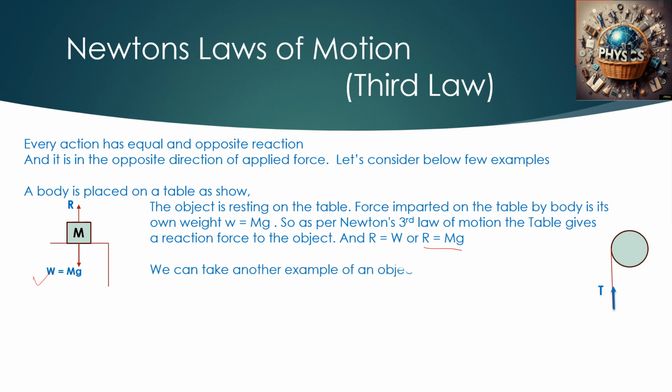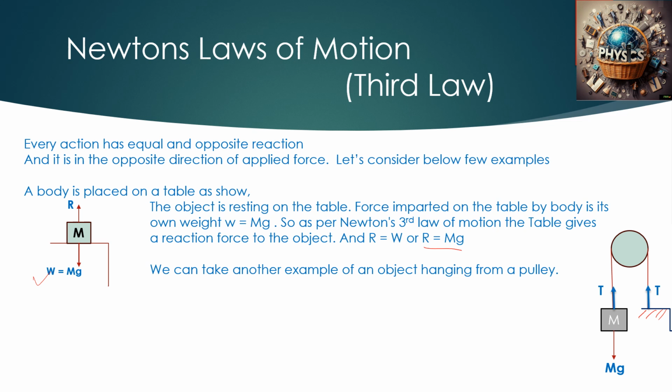Let's take another example. This is a massless and frictionless pulley which is attached to a surface through a string, and a body is hanging on the other side of the string. The mass of the body is m, and the total weight of the body, mg, will be acting in the downward direction.